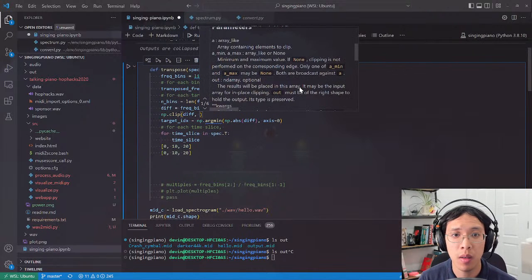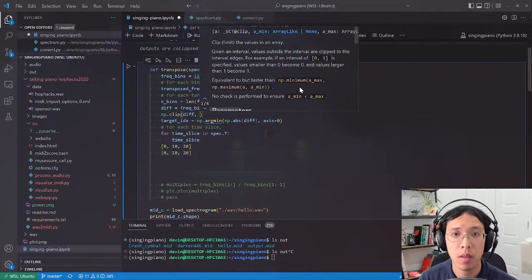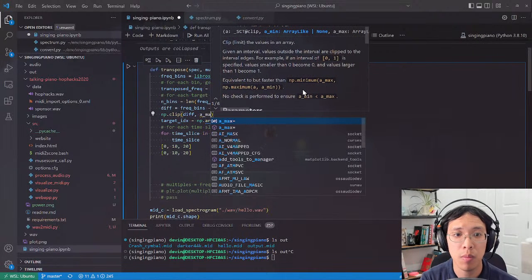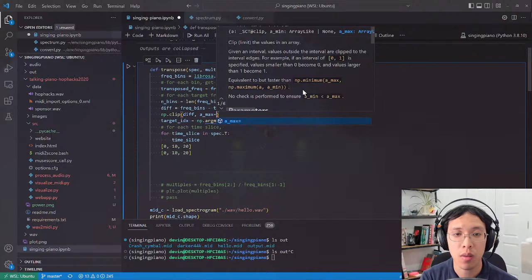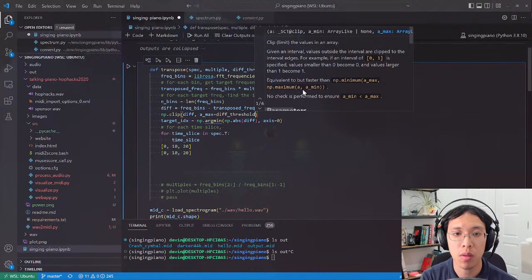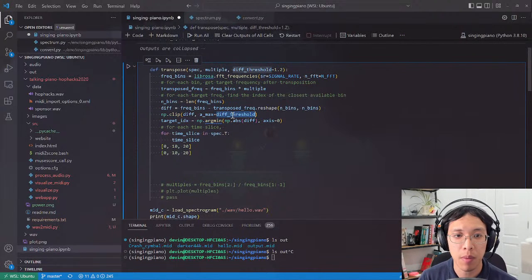And I think I need to say a max, but yeah, that's right. So a max is going to be equal to this diff threshold. But the tricky part is these are absolute differences right now. So instead of that, I actually might want to divide. Yeah, so I want a ratio. Okay, that makes more sense.